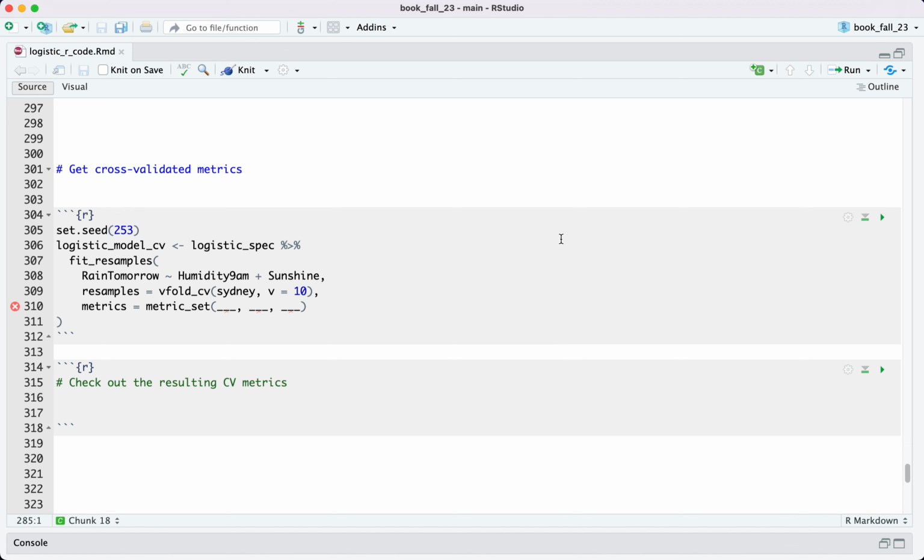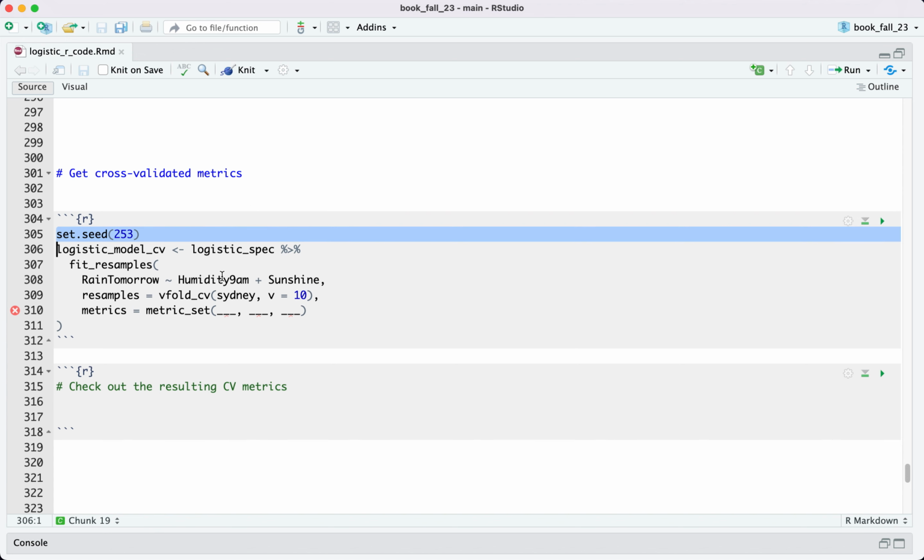So to this end, because cross-validation is going to randomly split our data into different folds, we first need to set the seed so we get the same results every time that we run this random procedure. And then we're going to essentially build the logistic regression model of rain by humidity and sunshine 10 times using 10-fold cross-validation.